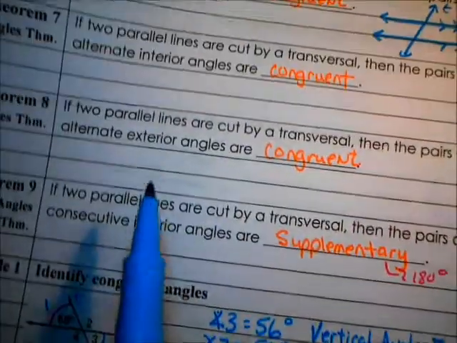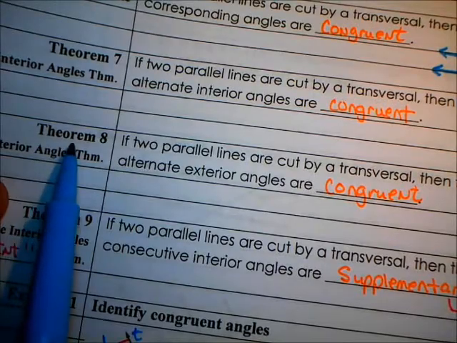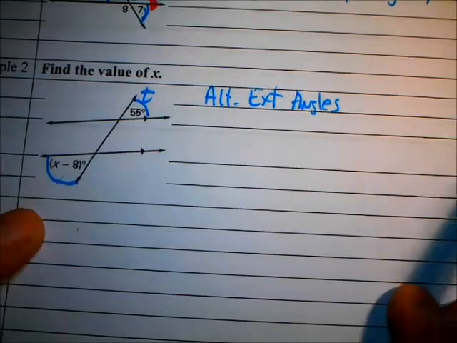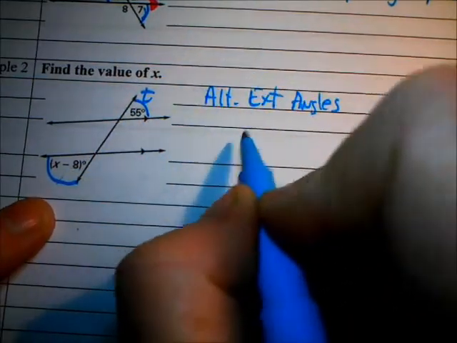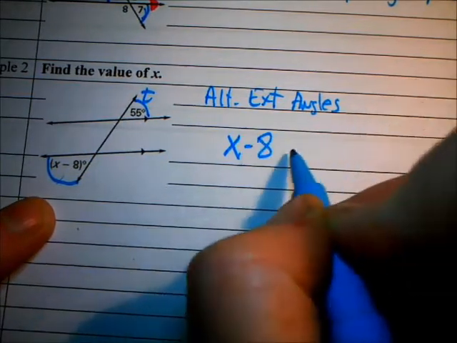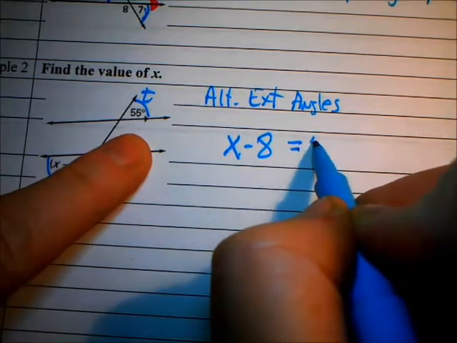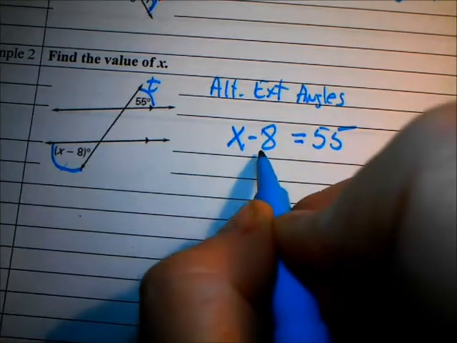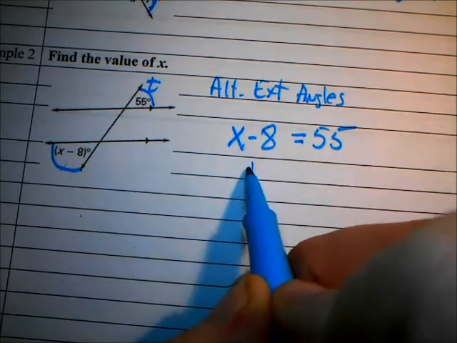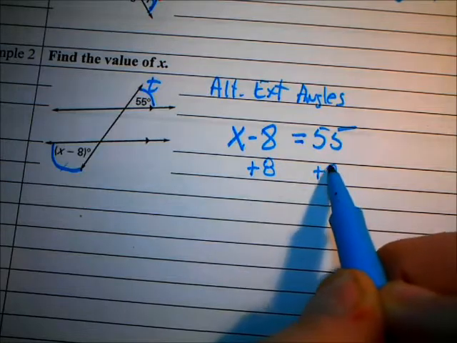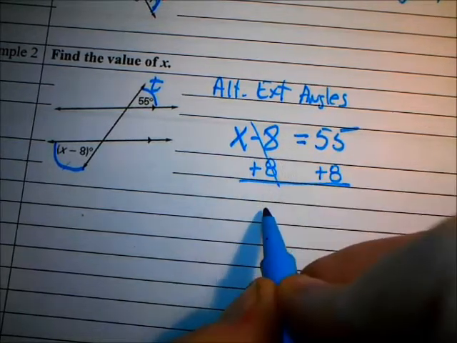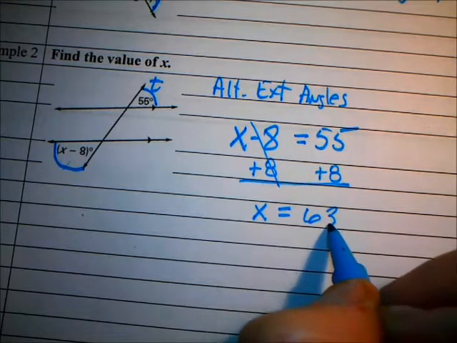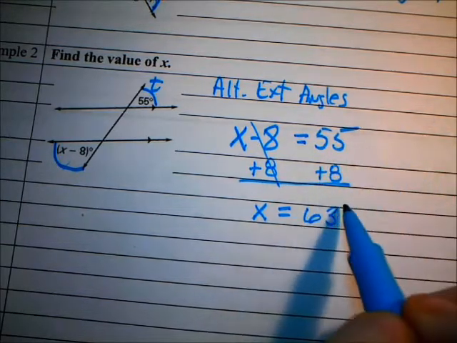And the theorem right up here, theorem 8, tells me that those angles are going to be congruent. And since I have expressions, that means they're actually going to be equal. So I'm going to do x minus 8 will equal 55. And this is a one-step problem. I'm going to move the 8 to the other side by doing the inverse operation, which means I'm going to add 8. And x will equal, I believe that is 63.